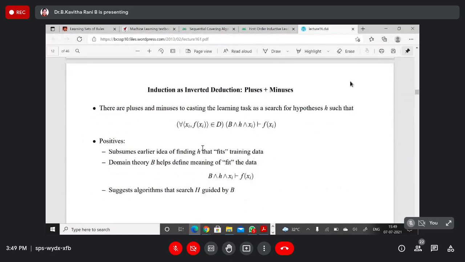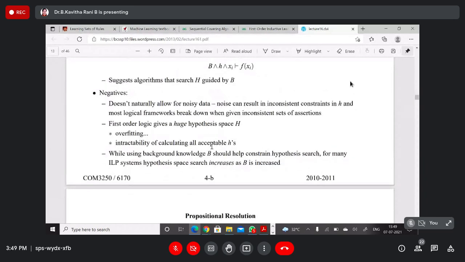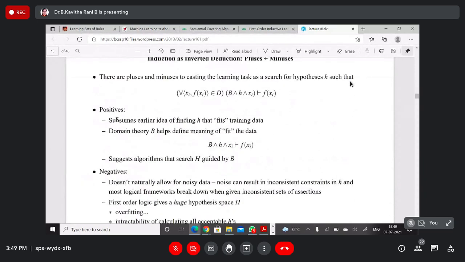We'll be having positives and negatives both. Okay. So what are the positives here? Early idea of finding H that fits the training data. It will find the hypothesis which fits the training data. This is the positive one. Domain theory B. B is nothing but background, which helps define the meaning of fit to the data.